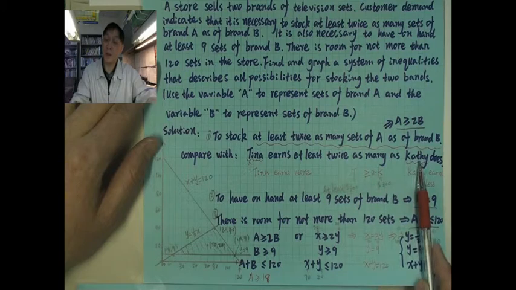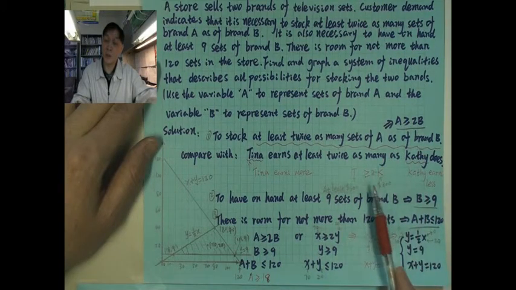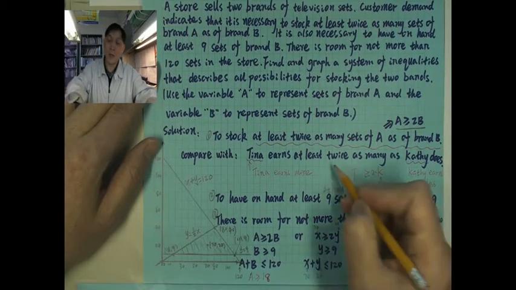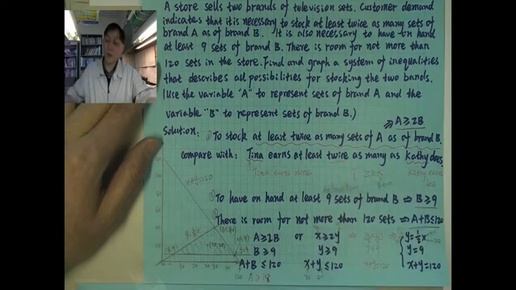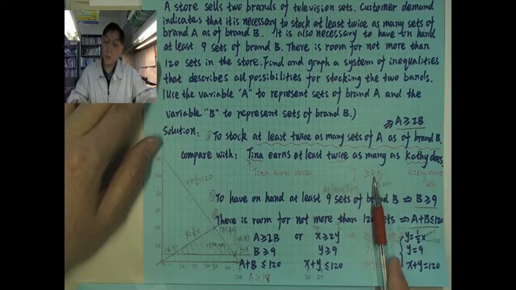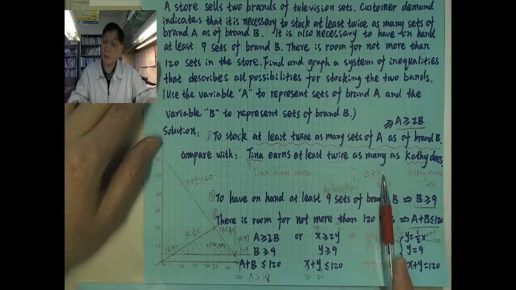Twice as many. So first, T is greater than or equal to K. And then there is a quantity right here, 2. Twice as many. So don't put 2 in front of T. That's my point. You should put 2 in front of K.